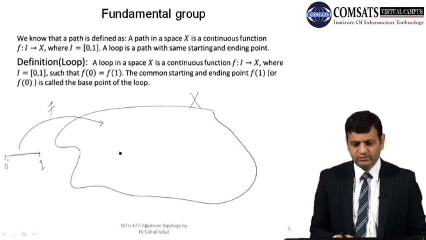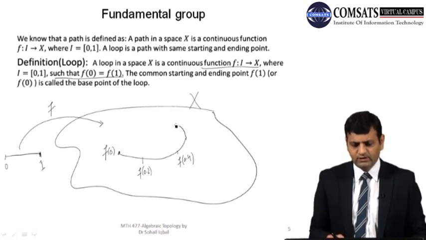Let's say this is the point f of 0, and as we move on this interval we will keep on getting points. For example, this is f of 0.2, this is f of 0.4, and so on. As we move on this interval, we are getting points on this path. There is another condition apart from f being continuous: f of 0 should be equal to f of 1.